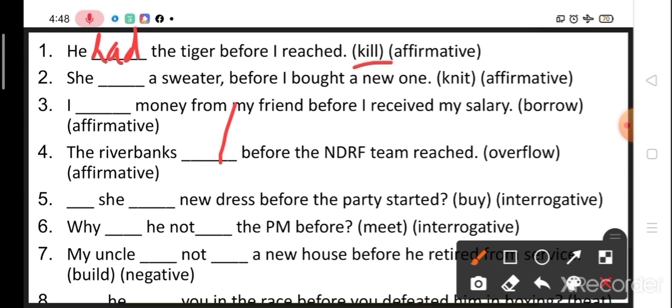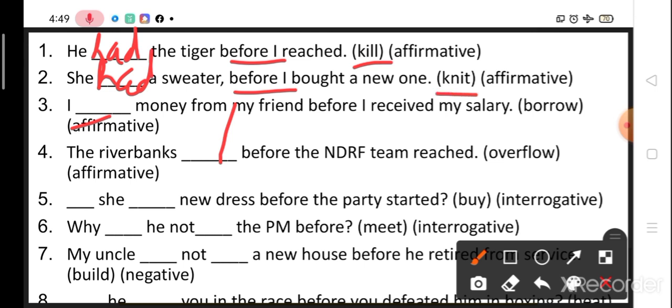See, now I told you the words like before, so before words are already given in the sentences. So this sentence says that before I reached the location, he had already killed the tiger. So when I went there, the tiger was already killed there.